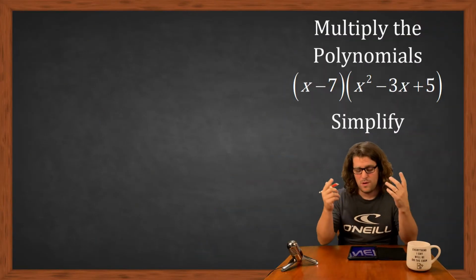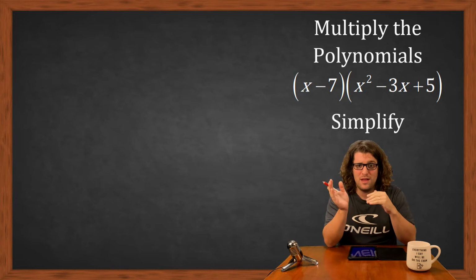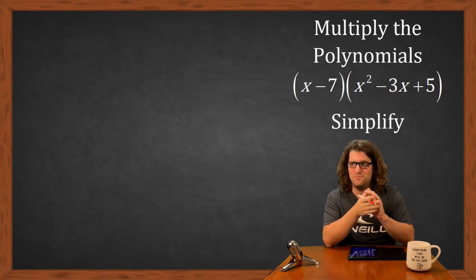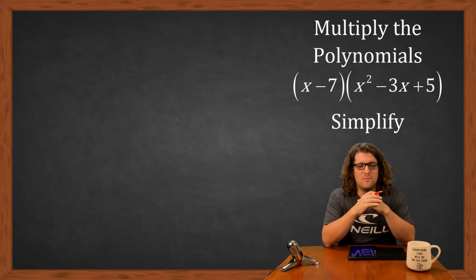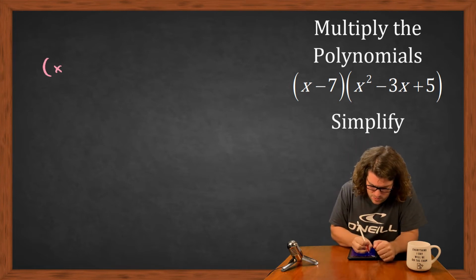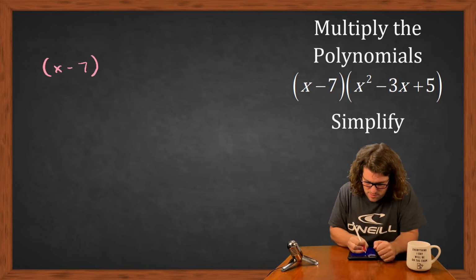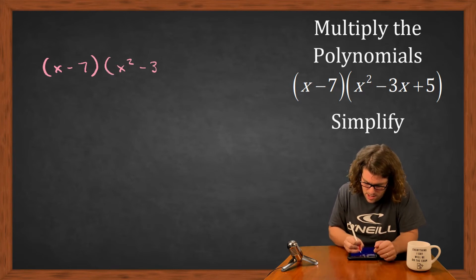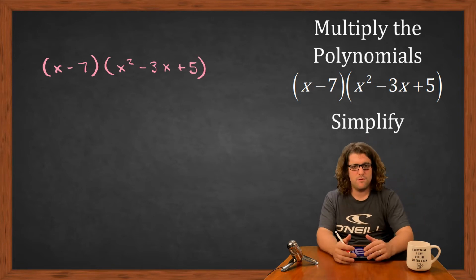Alright, so up above, binomial x minus 7 times trinomial, which is x squared minus 3x plus 5. I'm going to write that down, and I am going to get right into using the distributive property. If you have not had much experience with that, you might want to check out my mild video that comes before this.